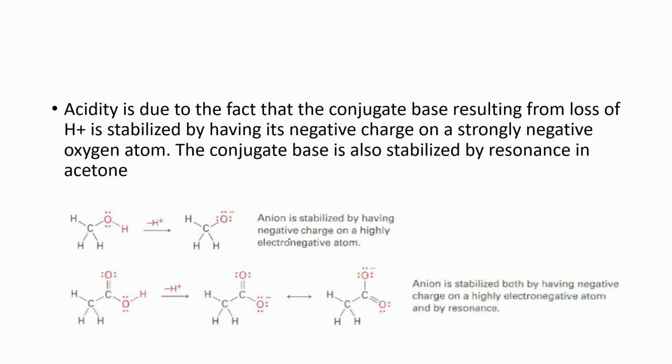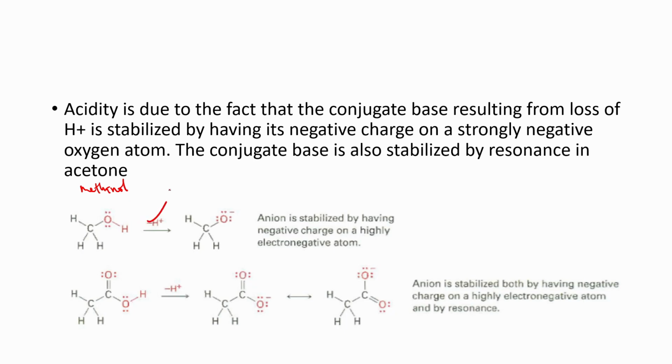So the acidity is due to the fact that the conjugate base resulting from the loss of hydrogen is stabilized by having its negative charge on a strongly negative oxygen atom. The conjugate base is also stabilized by resonance in acetone. So take for example this one right here. So this is our methanol.